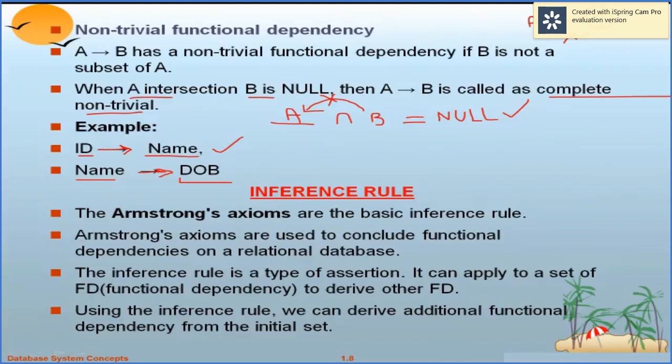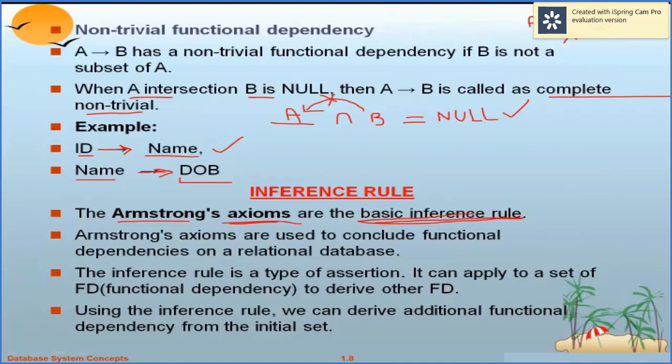So now let's look into the set of rules that help in the functional dependency concept. The set of rules I'm going to explain now are called Armstrong's axioms. Armstrong's axioms. You can also call them basic inference rules.